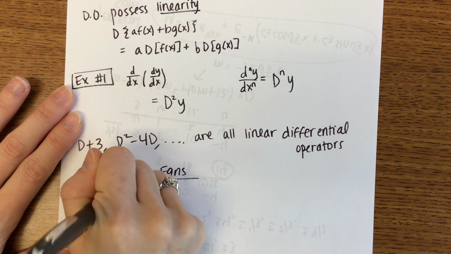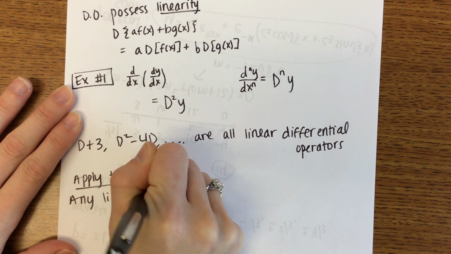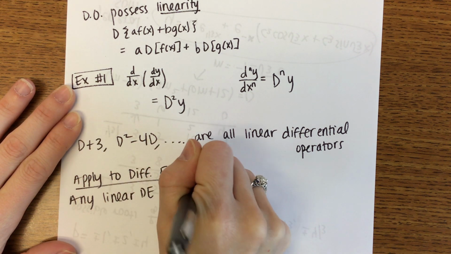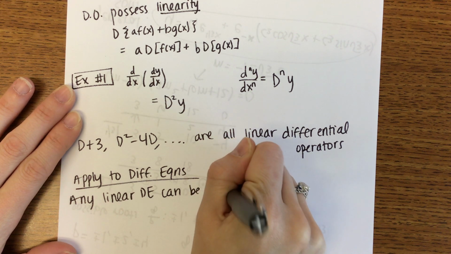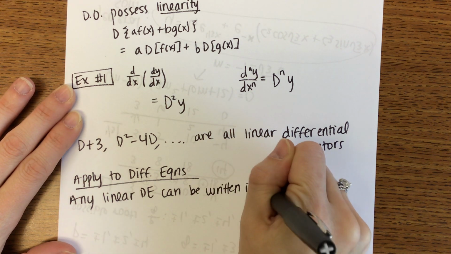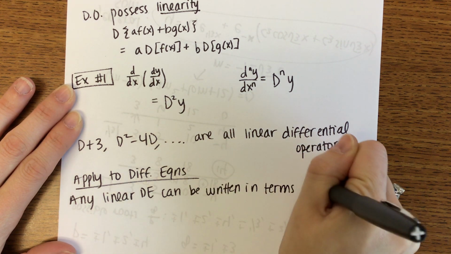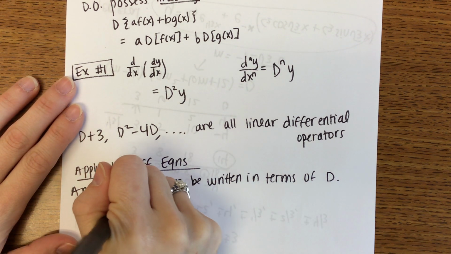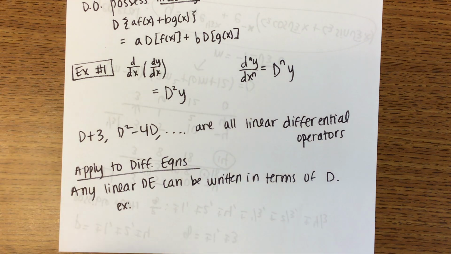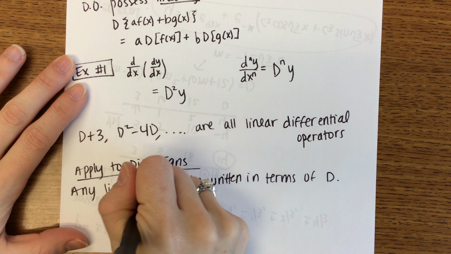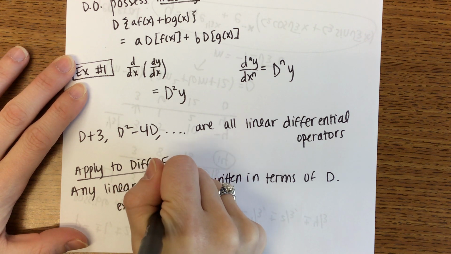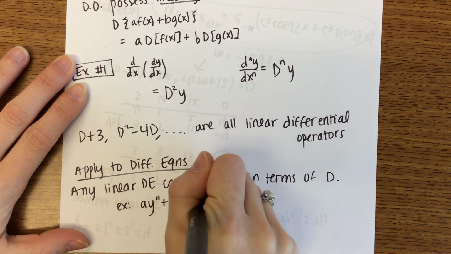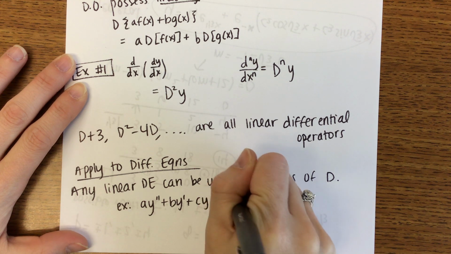Any linear differential equation can be written in terms of D. For example, let's say we have a y double prime plus b y prime plus c y equals g of x.